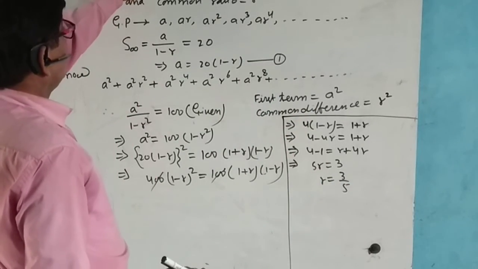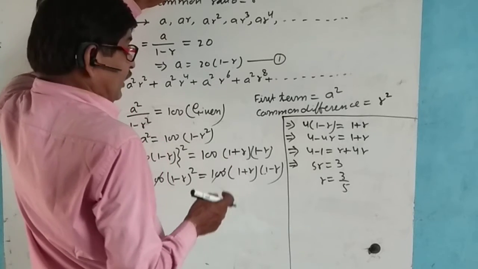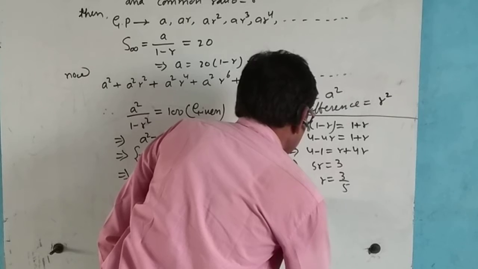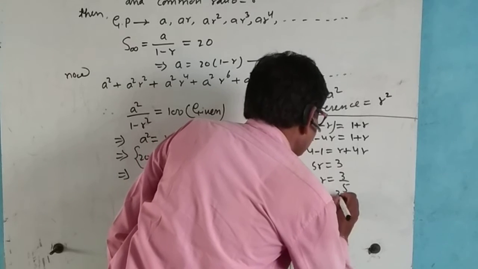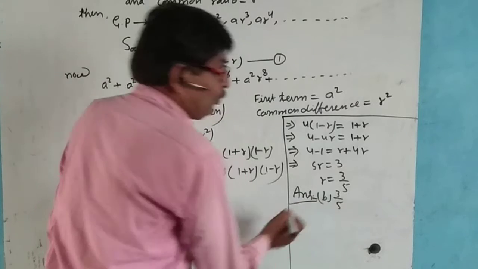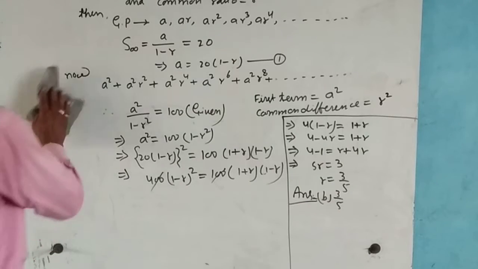The common ratio of the GP is 3 by 5, so the answer will be B, 3 by 5. Now we see one more question related to this.